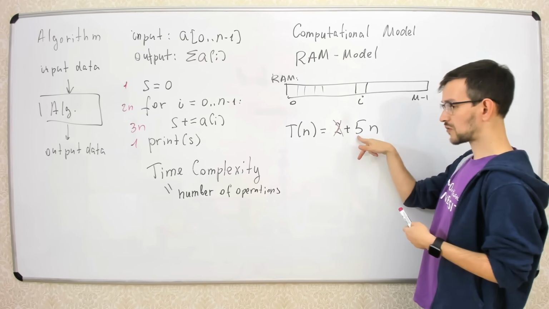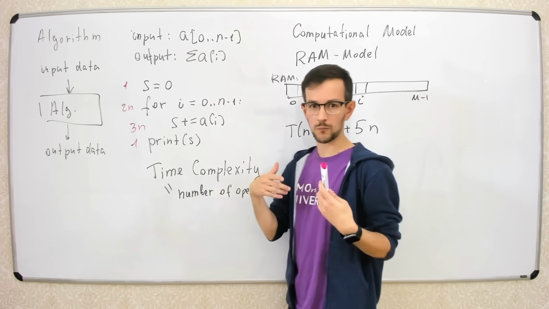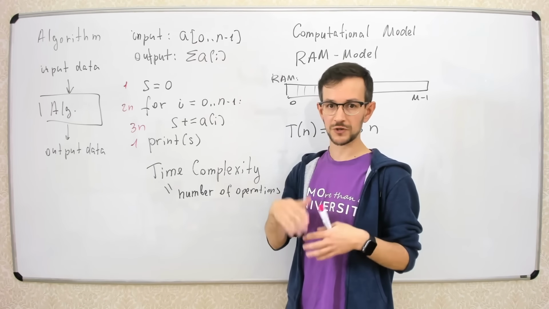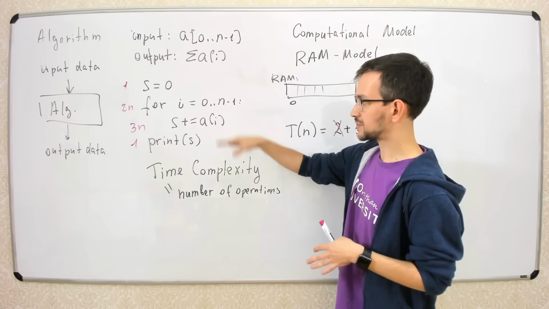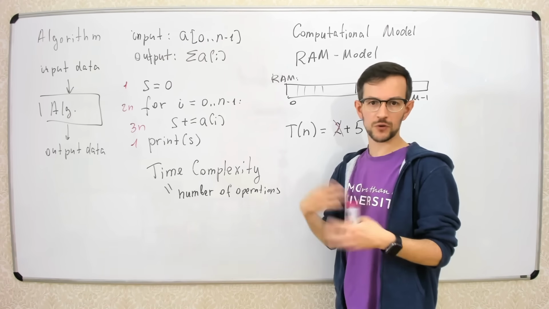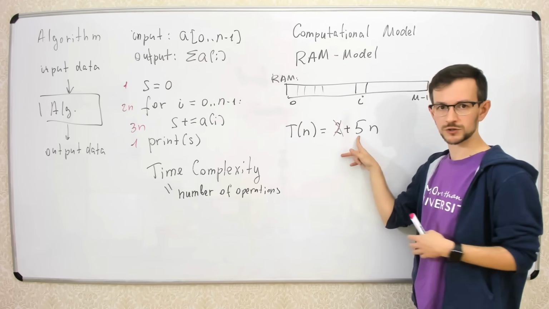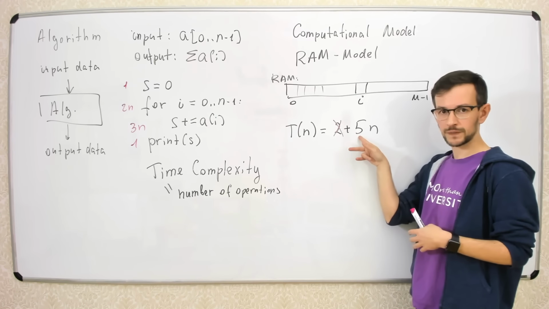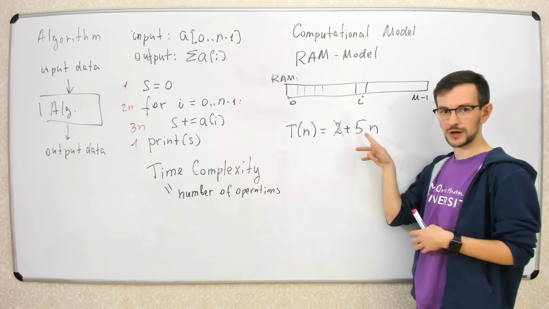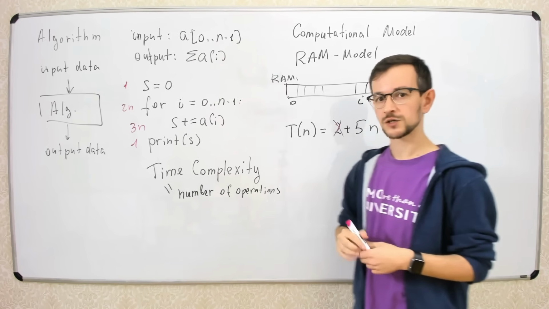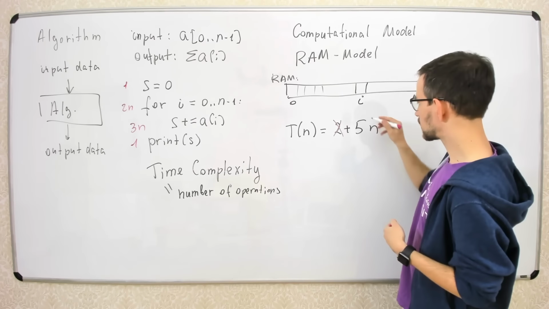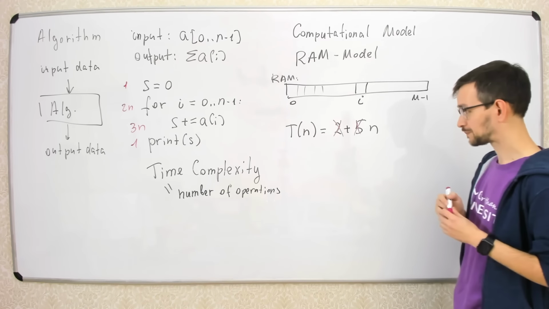This constant 5 is not a property of the algorithm, it's a property of its realization. If we make this cycle in some different way, we may have a different constant here. It's just how good we are in programming. So it is not a property of the algorithm, so we remove it.